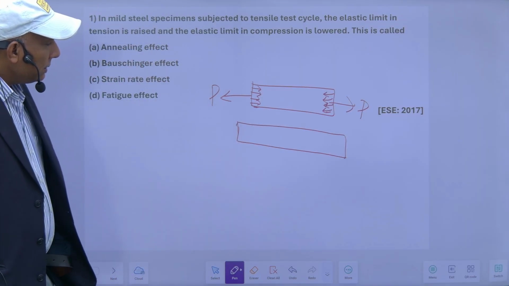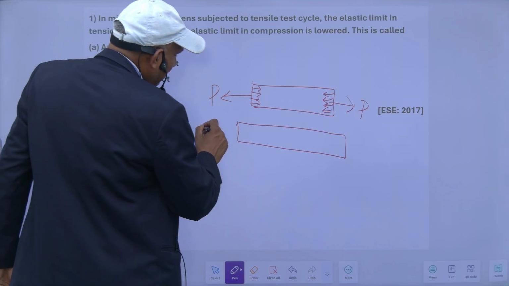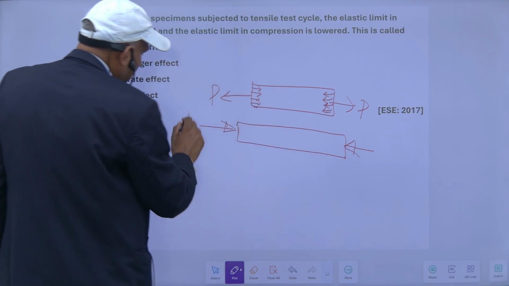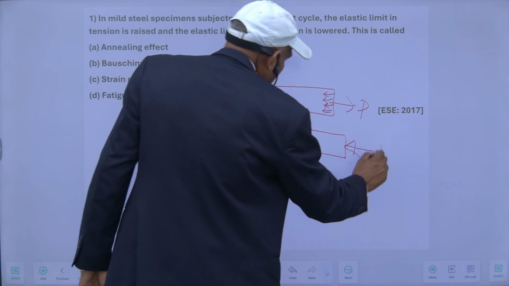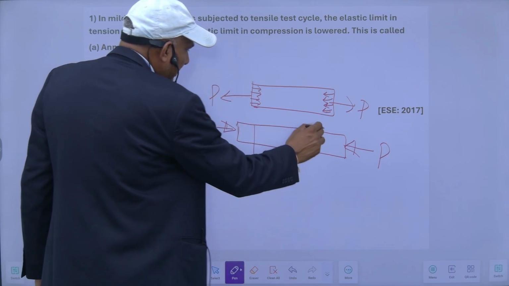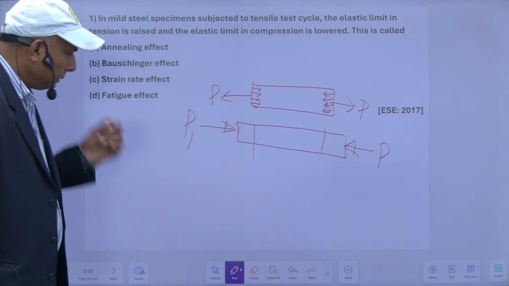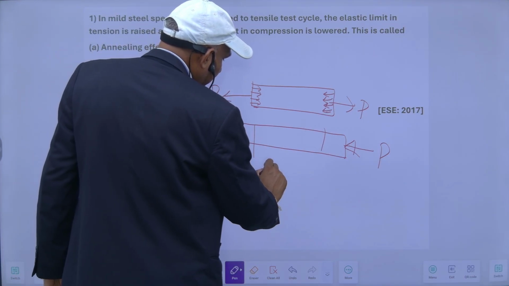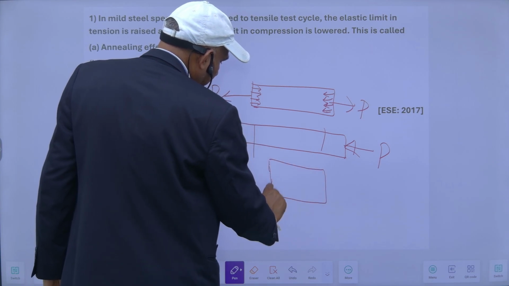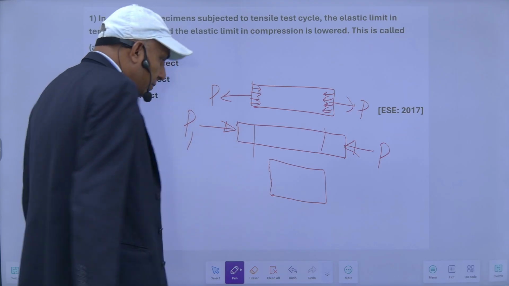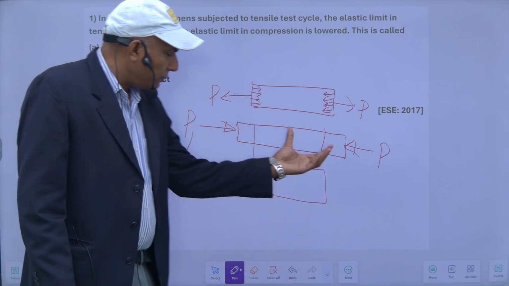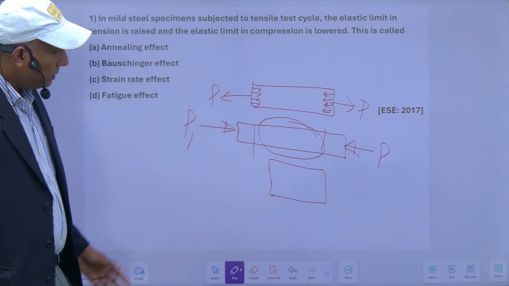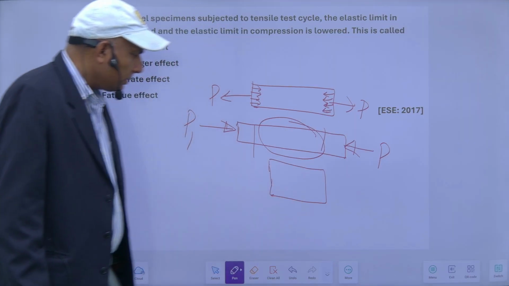So what happens if you apply a compressive force here, suppose P1? Since this portion is already in compression, it will compress further, because you have applied a compressive force and this portion is already in compression, so it will compress more.